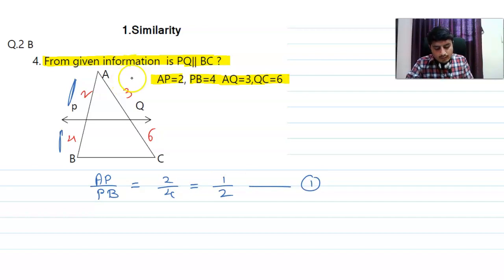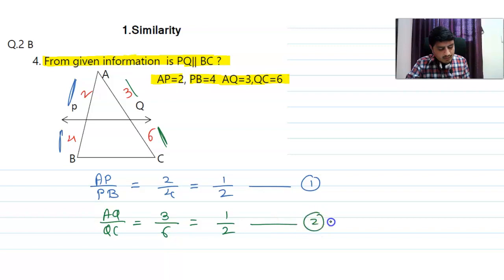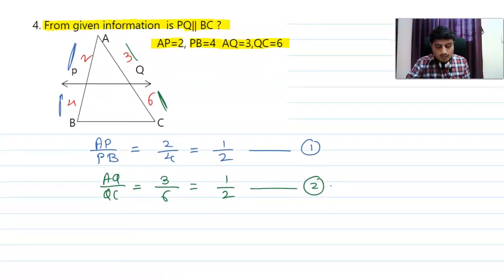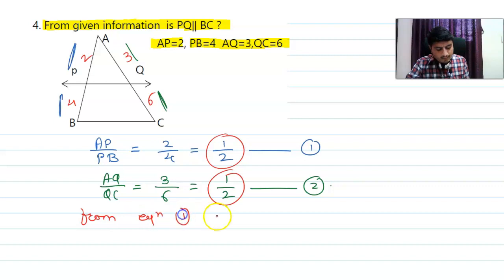Now let us evaluate AQ divided by QC. AQ is 3, QC is 6, 3 ones are 3, 3 twos are 6, so again we have the value a half. Look at equations 1 and 2 carefully. Those two equations have the same RHS, so we can equate their LHS. We get AP divided by PB equal to AQ divided by QC.